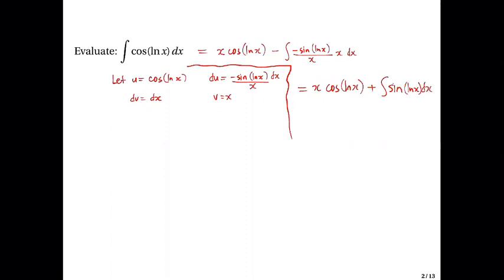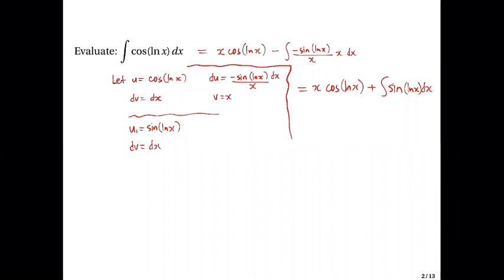And then we have this integral here, and we can use another integration by parts. So if we do that, let's say we now have u sub 1 equals sine of ln of x, and our dv is still dx.